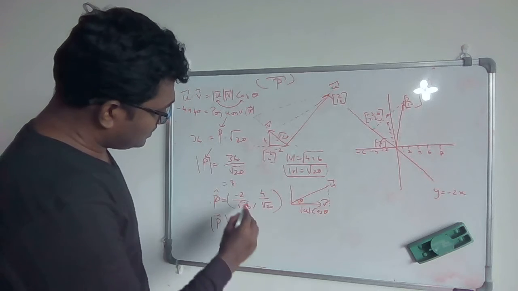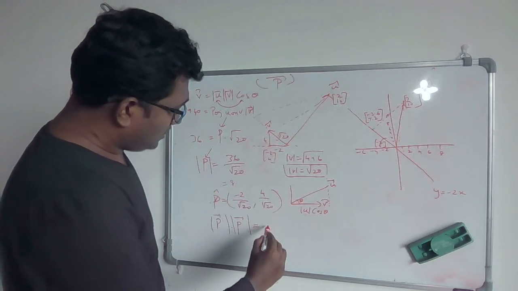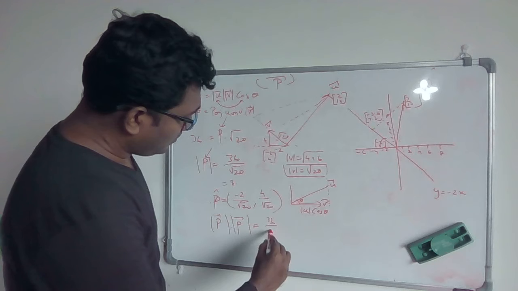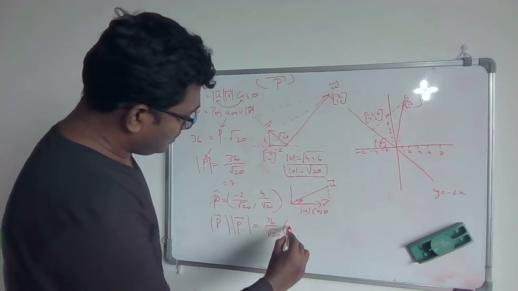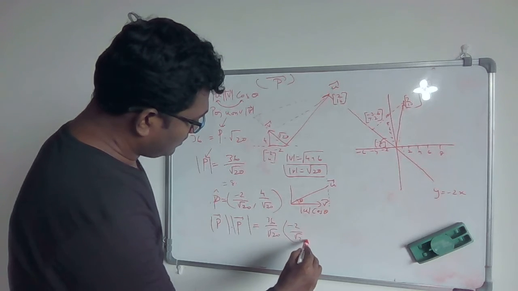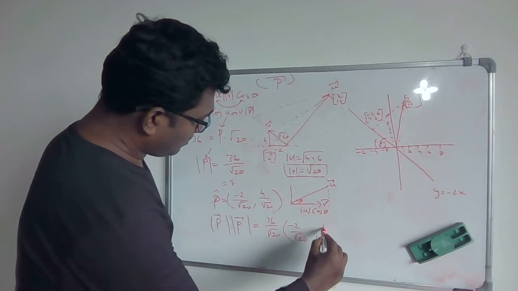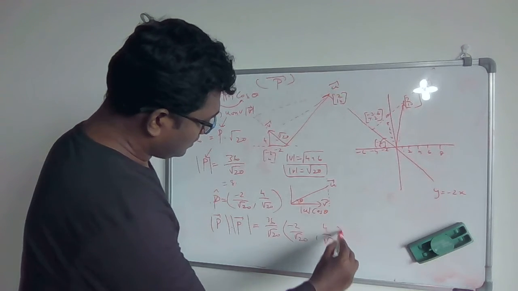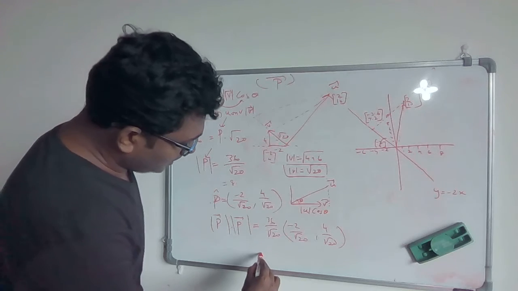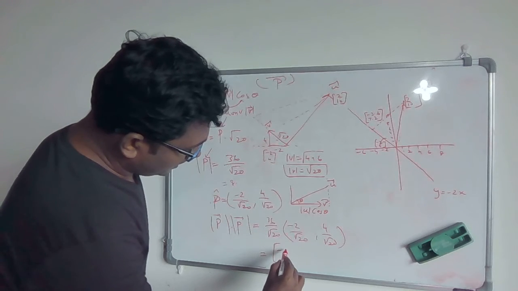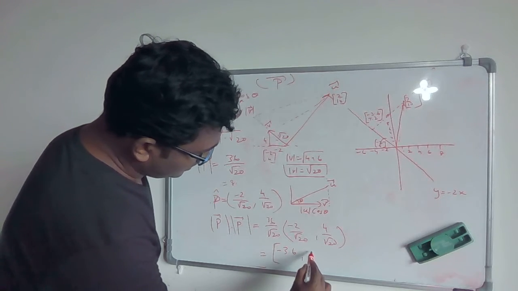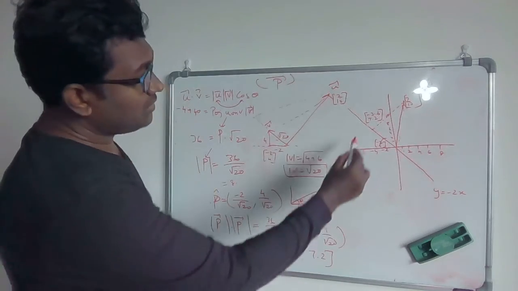You can multiply 36 by square root of 20 with minus 2 comma square root of 20 and 4 comma square root of 20. If you multiply these and get the x and y coordinates, it will be minus 3.6 comma 7.2. That is exactly what you get here.